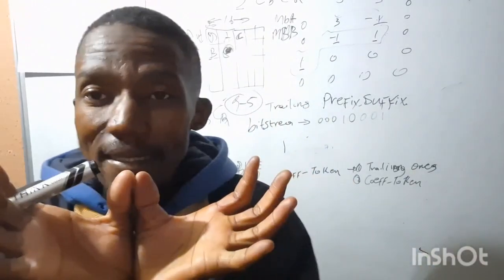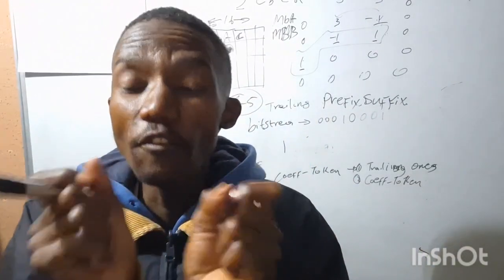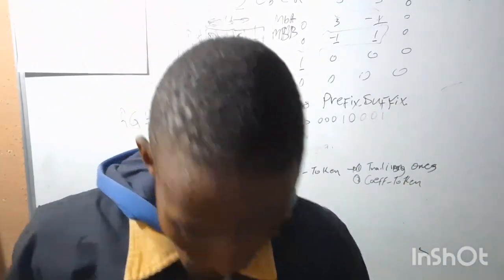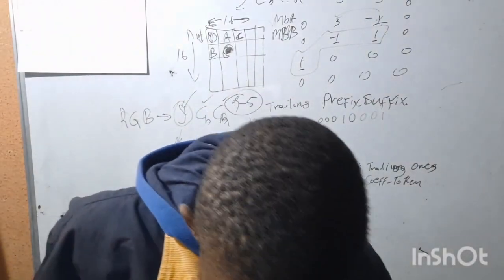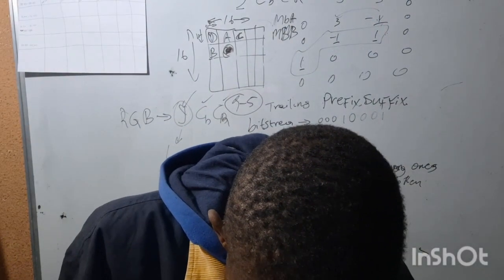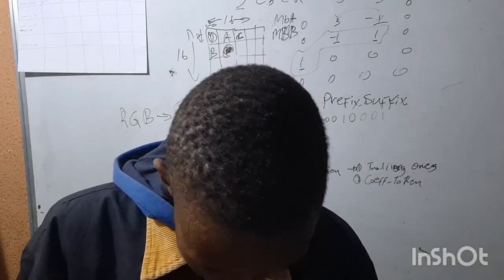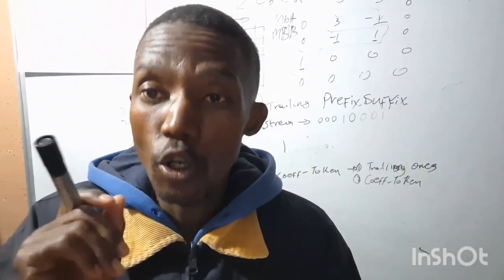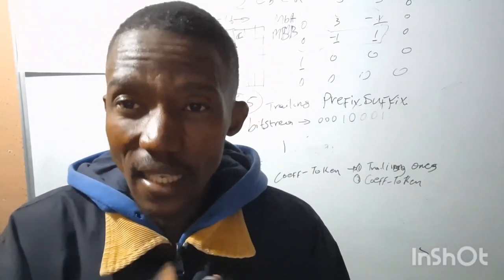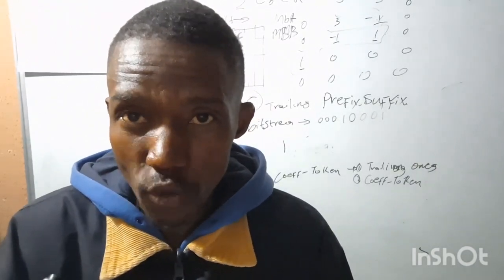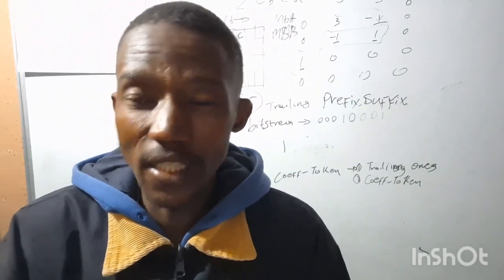So the first step says, if your number of non-zero coefficients is greater than 10 and trailing ones is less than 3, you set the suffix length to 1. In this case, the number of non-zero coefficients that we have is not greater than 10, so that fails.